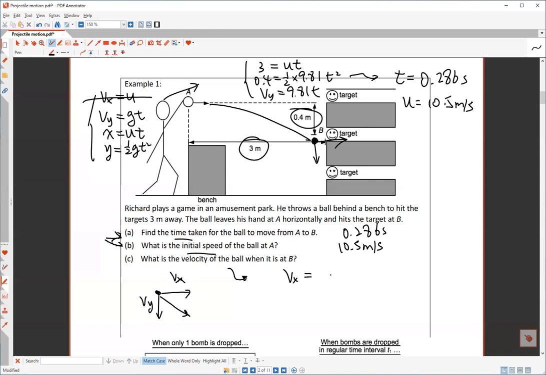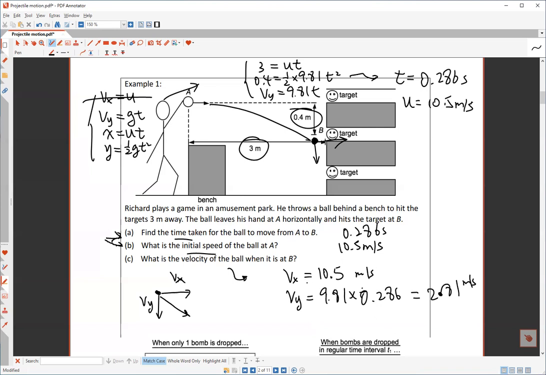We know that it's constant, just the same as at point A, so it's still 10.5. Then for Vy, you use the last equation, 9.81 times the time 0.286, and this value is 2.81 or so, meters per second.